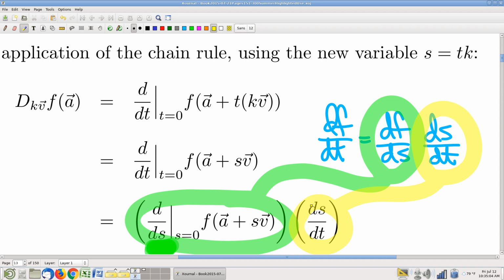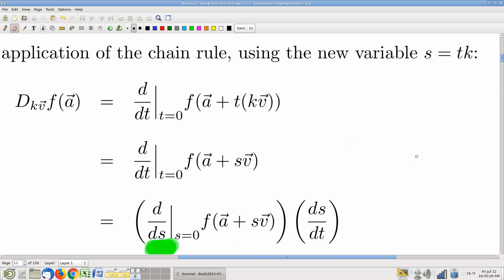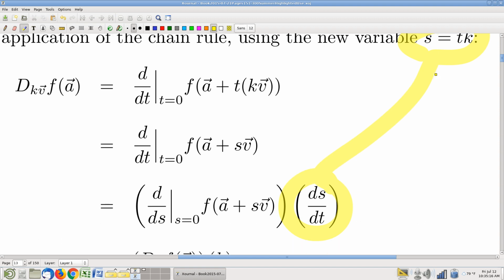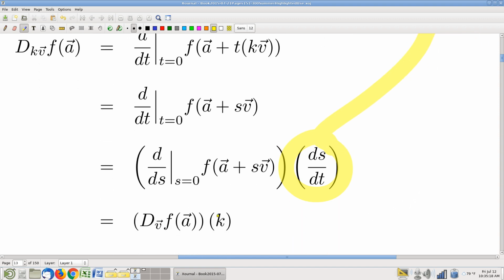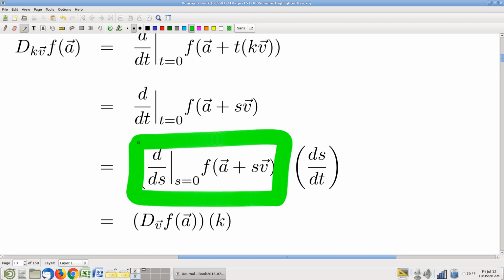Now, this is going to simplify actually really nicely. Let's look at ds/dt here. What is ds/dt? Well, that's an easy one. ds/dt is k. When s and t were defined to be very closely related, so that's easy. That's just k. What about the rest of this thing? What is that? It's a derivative of a parametric curve.